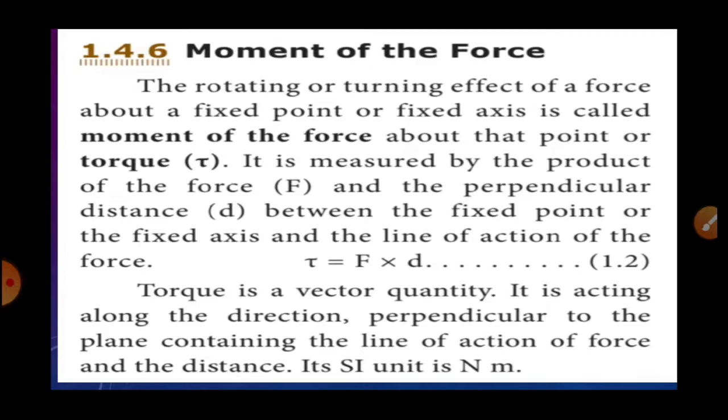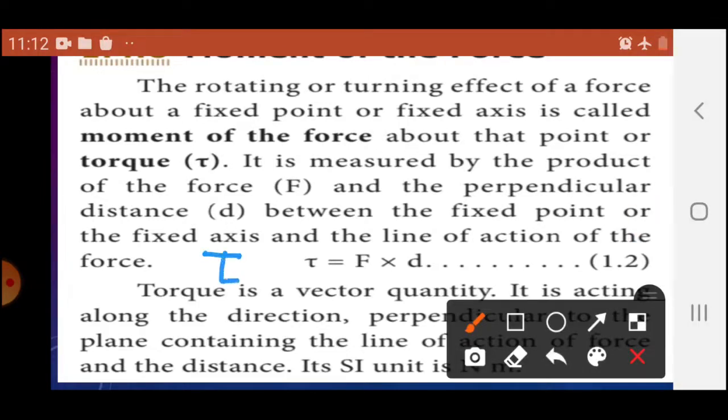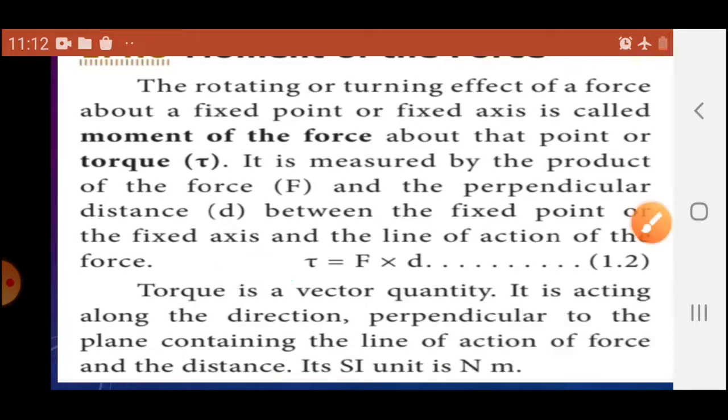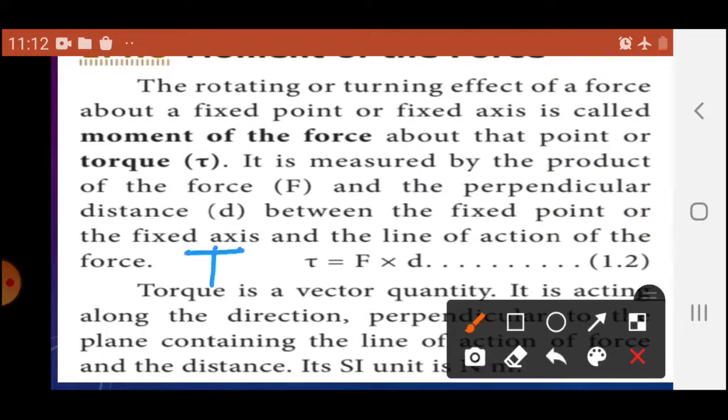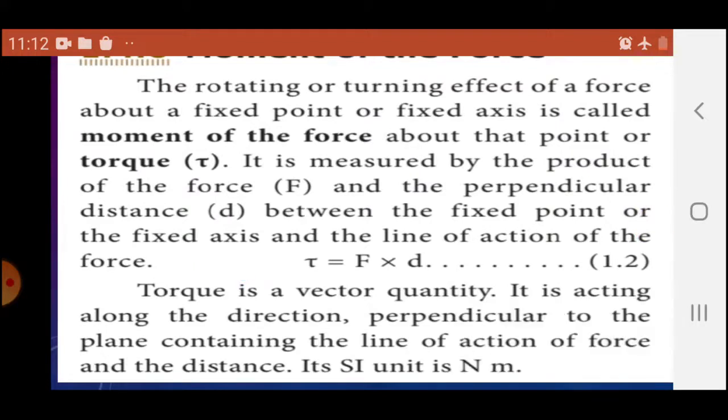The rotating, turning effect of force about a fixed point or fixed axis is called the moment of the force about that point, torque. ஸோ ஒரு பாயிண்டில் இல்லை அப்படின்னா ஒரு ஆக்சிஸில் that rotating effect will happen, that is moment of force about a point or torque. So we use this symbol for torque. So this is nothing but torque.